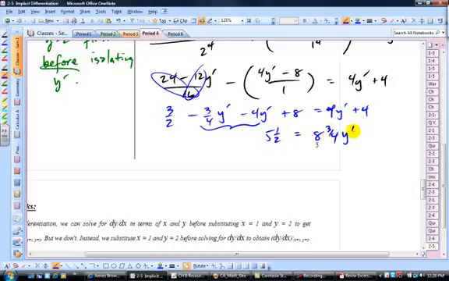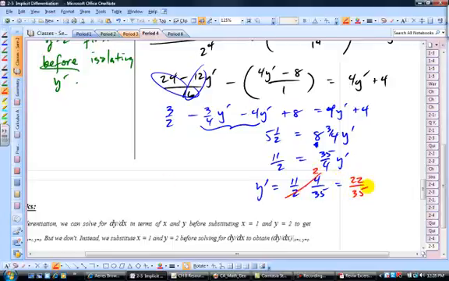You can step it out if you'd like. And now I've got to change to mixed here, so 4 times 8, 32, plus 3 is 35/4. So we got 11/2 is equal to 35/4 y prime. Multiplied by the reciprocal, y prime is equal to my 11/2 times the reciprocal of 35/4, which is 4/35. And let's cancel here first, 22/35 for my end result, and that's the slope of the tangent line.